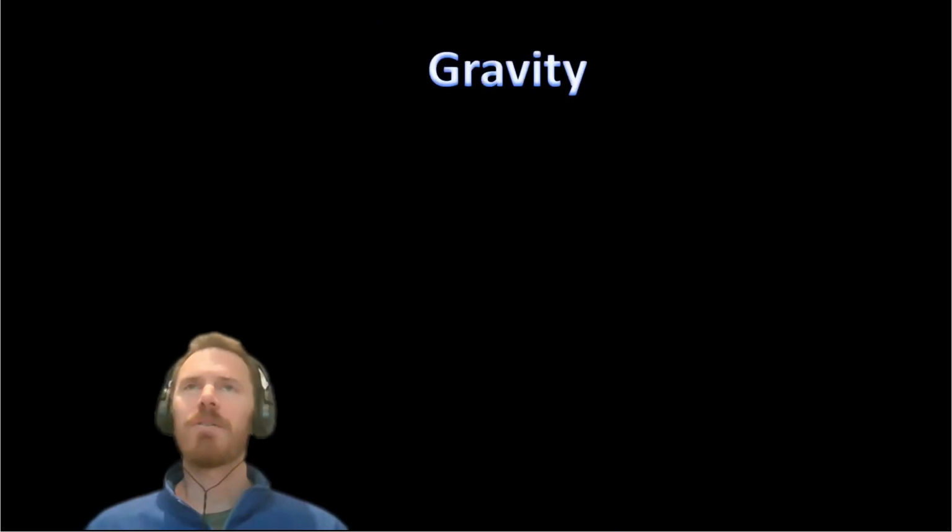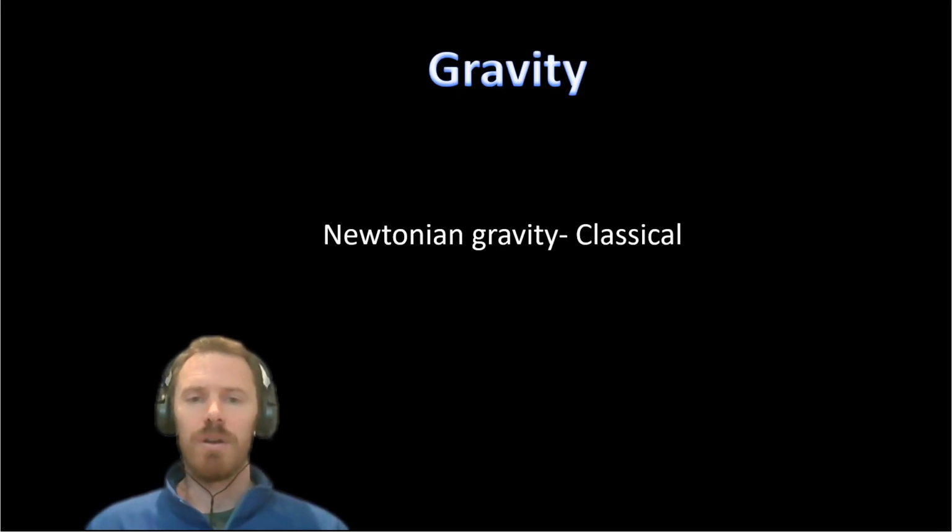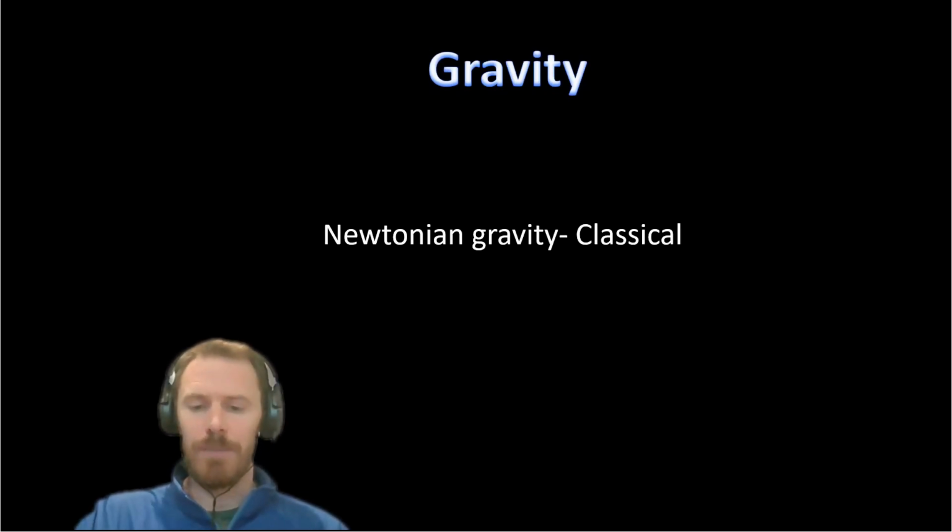Gravity. So when we think about our knowledge of gravity, we can start with classical gravity, which is Newtonian physics. This is great for looking at gravity for anything on Earth, which is where we use most of our equations in the classroom. So anything from a grain of sand up into a solar system works well with Newtonian gravity.